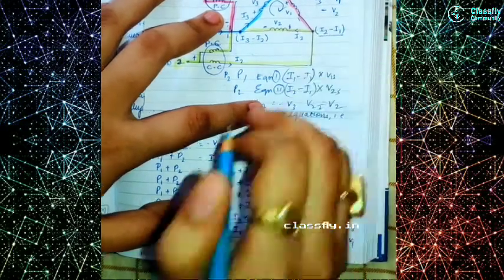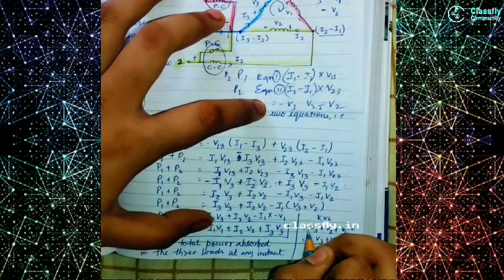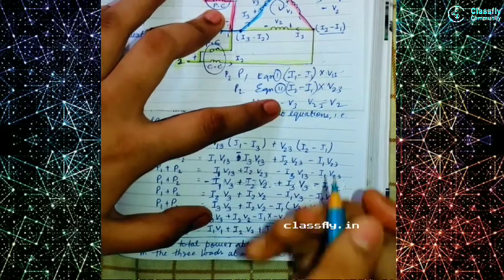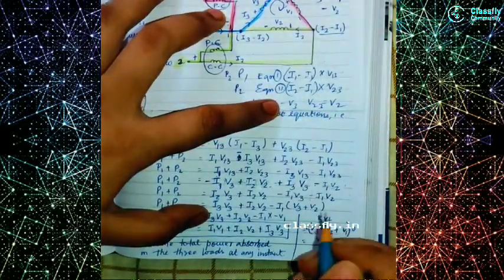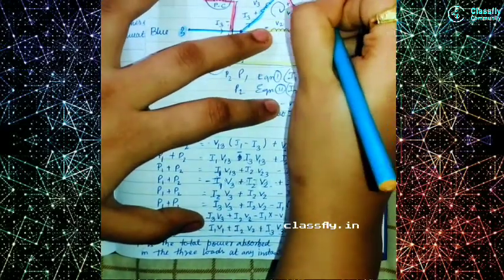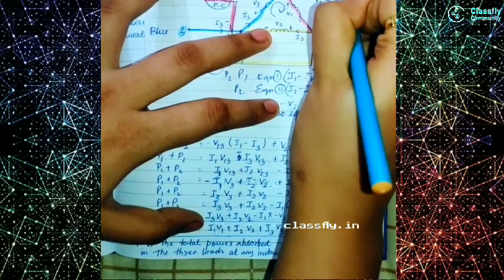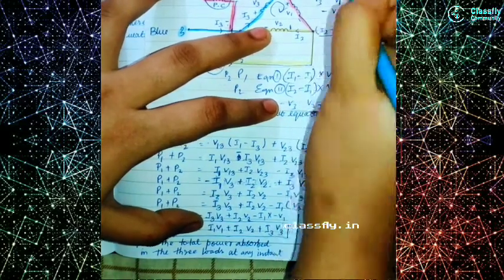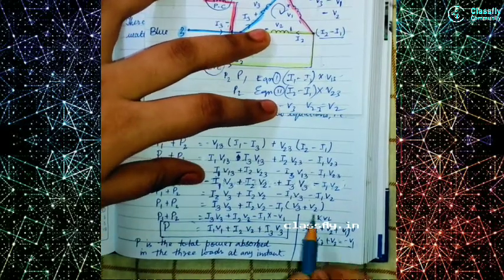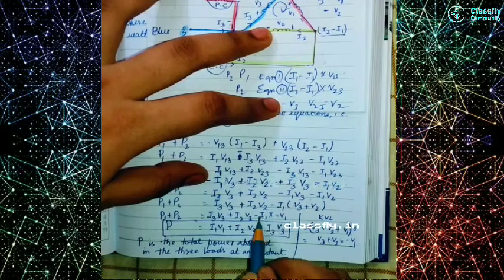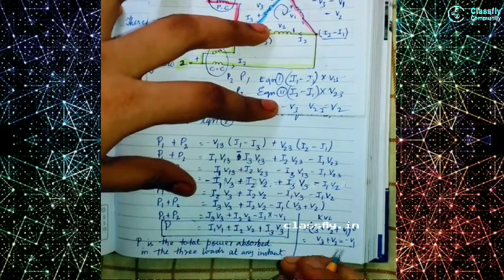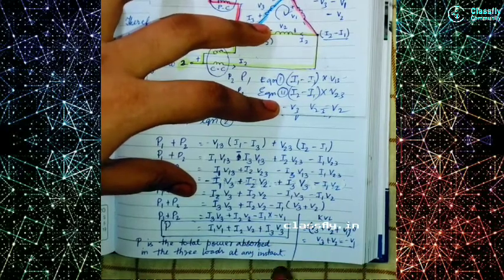So if I take minus as common and equate, V3 plus V2 will be what? Taking V3 and V2 to that side, V3 plus V2 equals minus V1. So I put this minus V1, then it becomes minus minus plus, and we can see that the total power is equal to I1 V1 plus I2 V2 plus I3 V3.